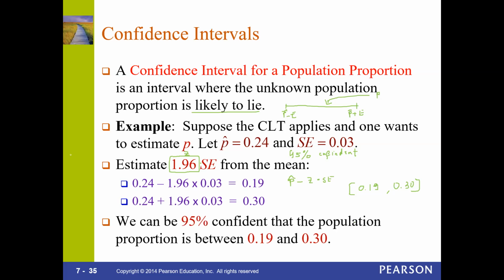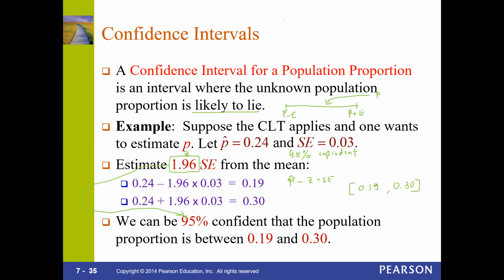Again, 1.96 is associated with 95%. I'll show you something about the 95%, don't take it wrong. Suppose you have a hand sanitizer. It can kill germs 99% of the time, or 95% of the time. So that's very important.